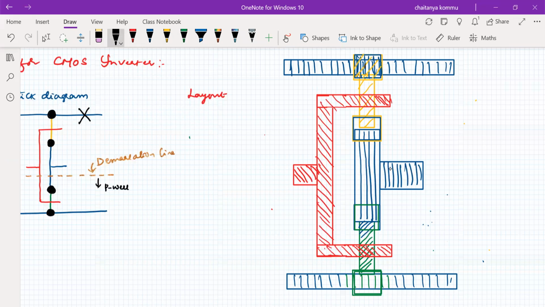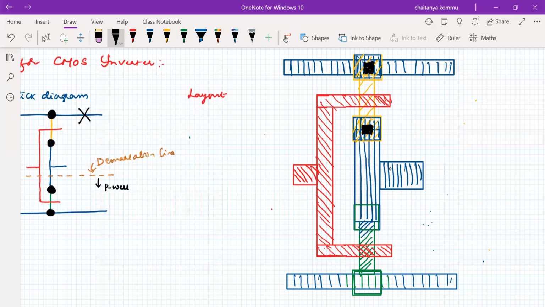Provide a metal contact there. Okay. So extend this metal contact is available here. But it requires these kind of things as well. Green. So metal contact we have to put on top of it.